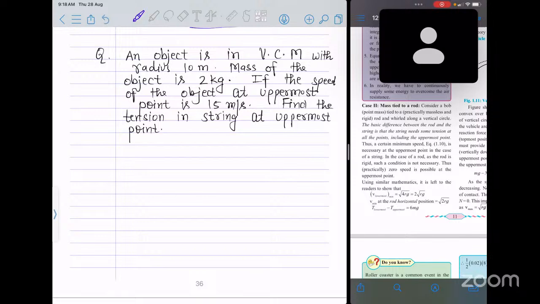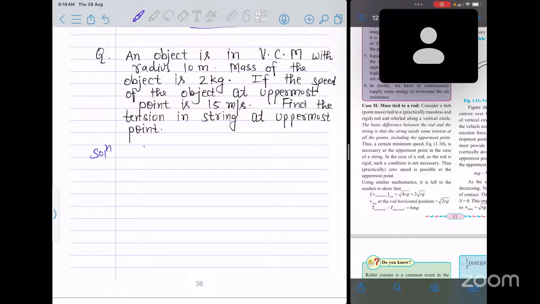In some cases, or let's say in a special case, tension at the uppermost point will be 0, and that special case is if object at the uppermost point will have minimum possible speed. तो हम पहले मिनिमम पॉसिबल स्पीड निकालेंगे.